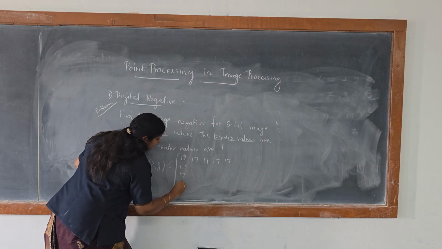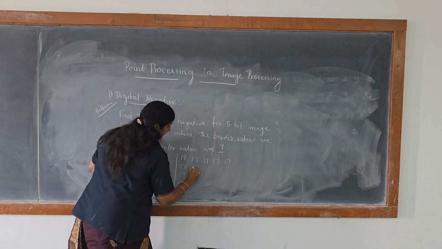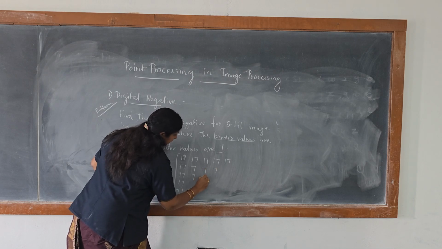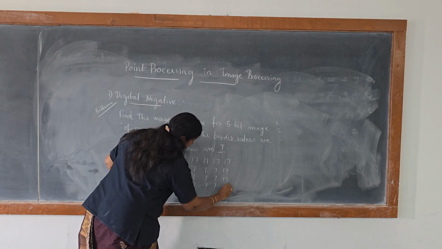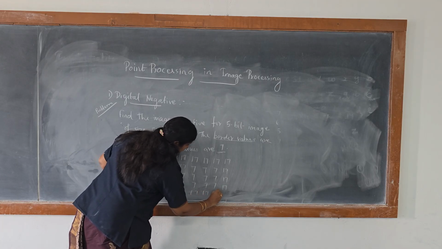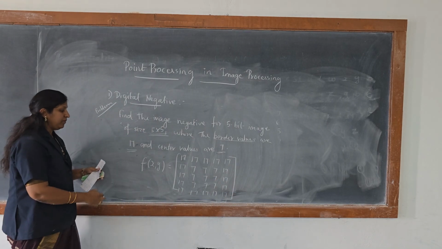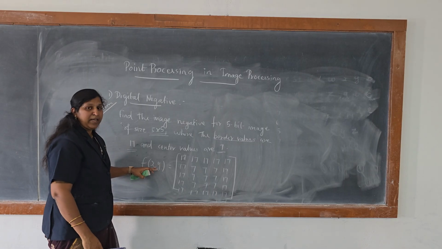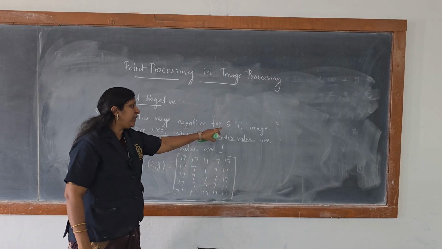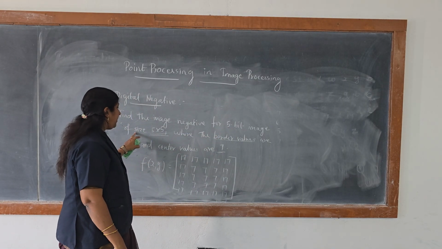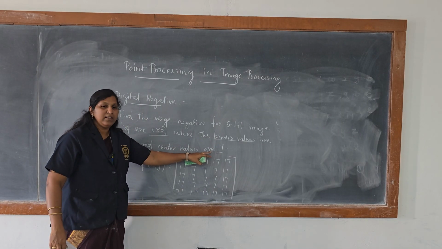So all the border values are 17 and the center values are 7. Okay, now this is the input matrix for the given statement. So the given statement is the image is 5 bits, the image size is 5 cross 5, where the border values are 17 and the center values are 7.